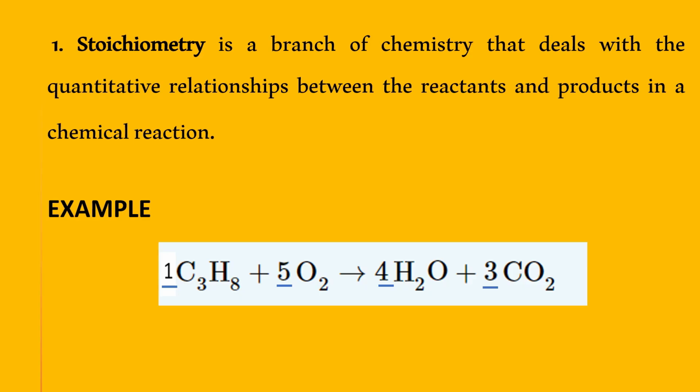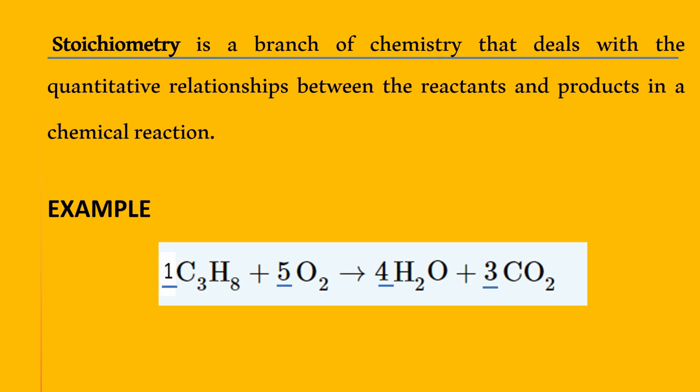First is stoichiometry. It's a branch of chemistry that deals with the quantitative relationships between the reactants and products in a chemical reaction. Now, in the example below, we have here propane reacting with oxygen to form water and carbon dioxide.